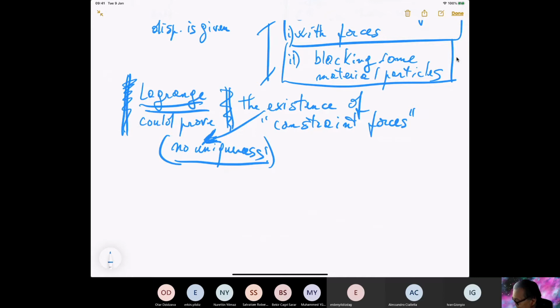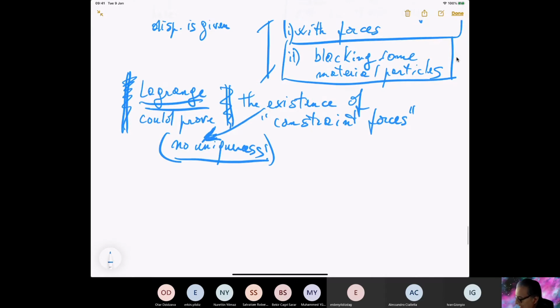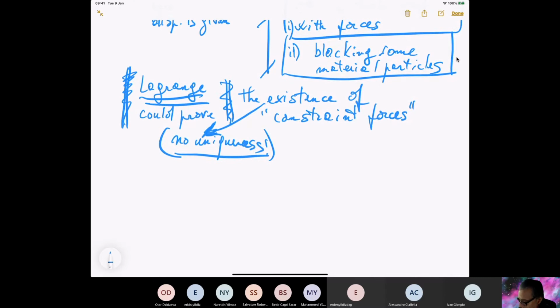Okay, so the existence of constraint forces can be stated as follows.